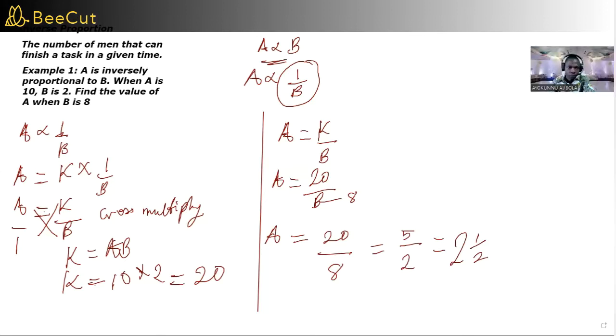Now to example 2. Inversely proportional. Okay, so f is inversely proportional to the square of x. Are you through with the note now? Yes, sir.